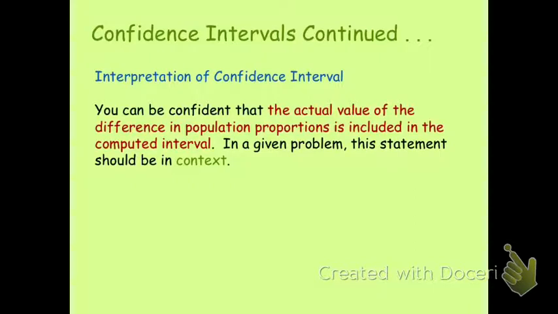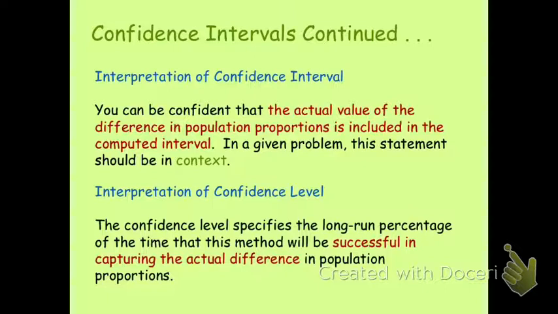So in your conclusion, if I were to interpret the confidence interval, then I would be like 95% confident that the value of the difference, you're going to now use the word difference in population proportions, is between like 0.2 and 0.7 or something like that.